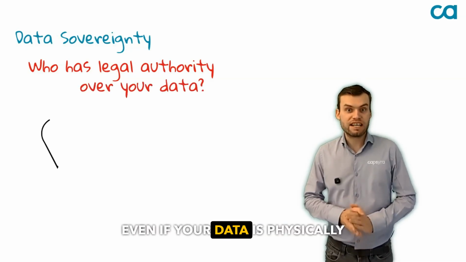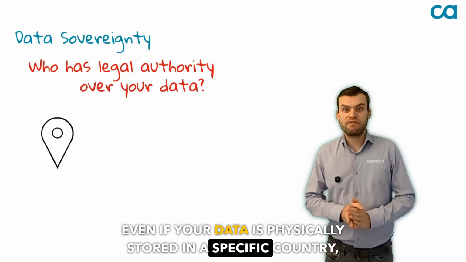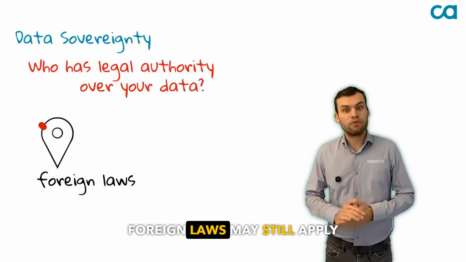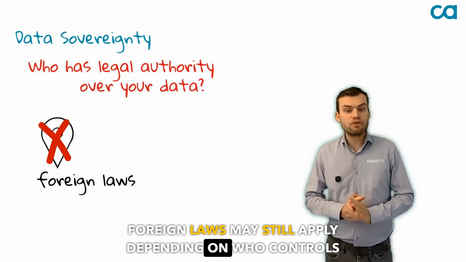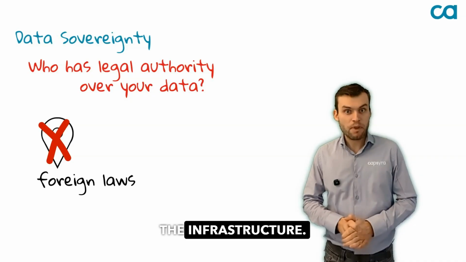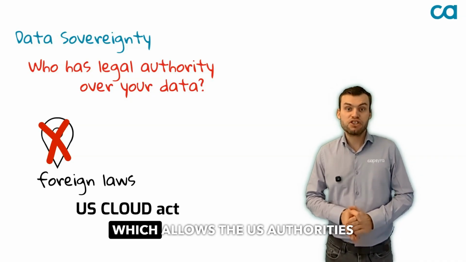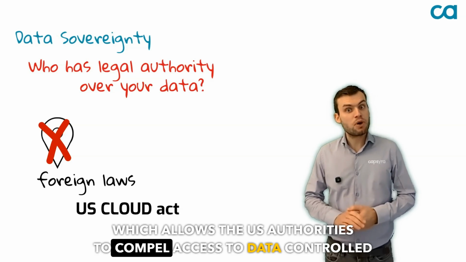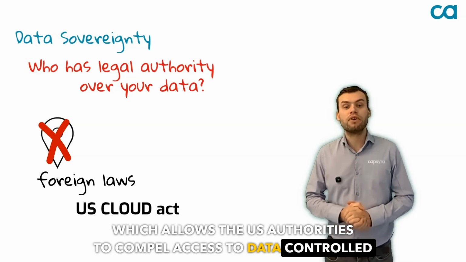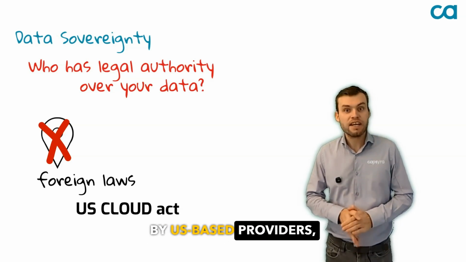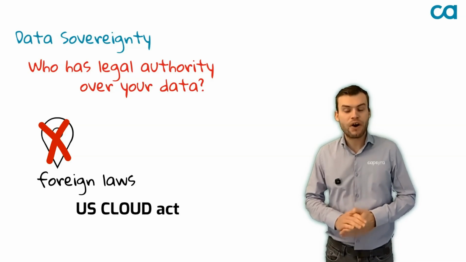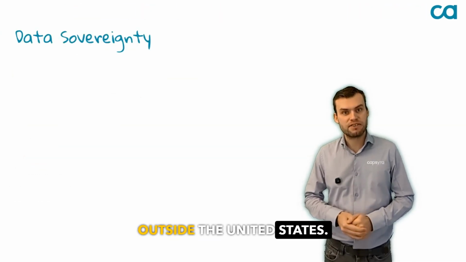Even if your data is physically stored in a specific country, foreign laws may still apply depending on who controls the infrastructure. A well-known example is the US Cloud Act, which allows the US authorities to compel access to data controlled by US-based providers, even when that data is stored outside the United States.